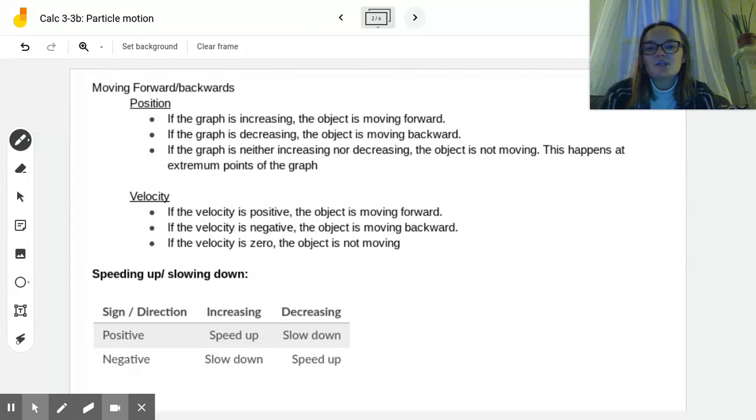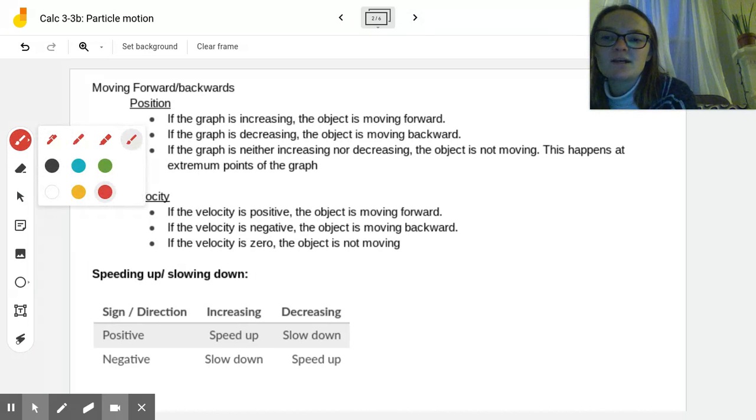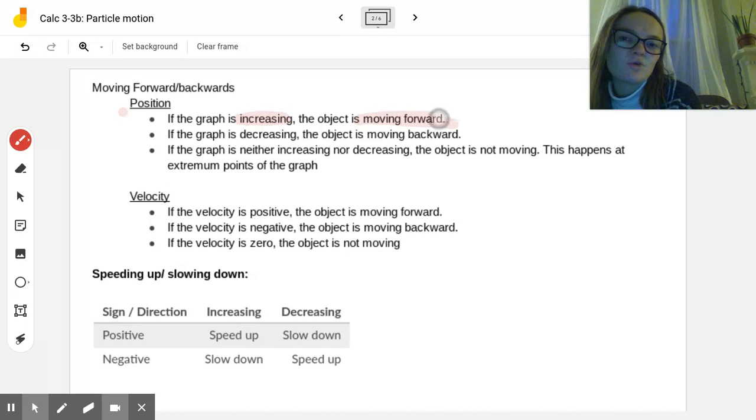First thing, position. If my graph is increasing, I say that my object is moving forward. If my graph is decreasing, we can say that the object is moving backwards. And if the graph is neither increasing nor decreasing, the object is not moving.